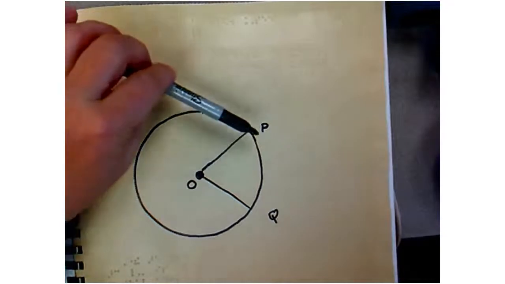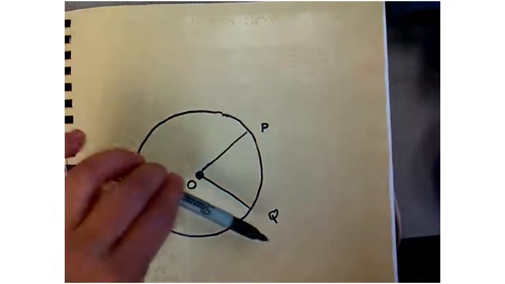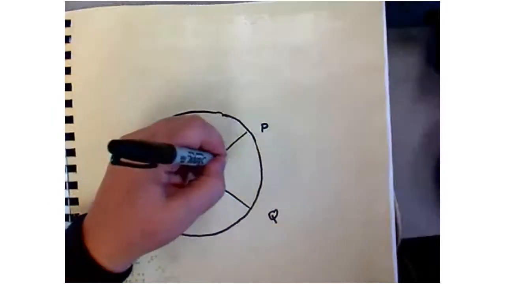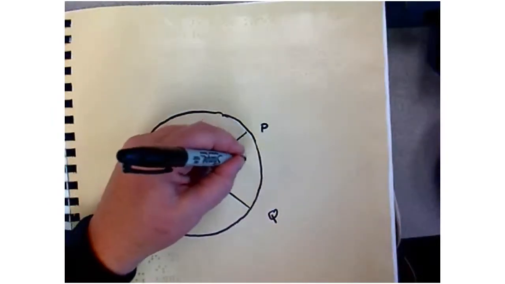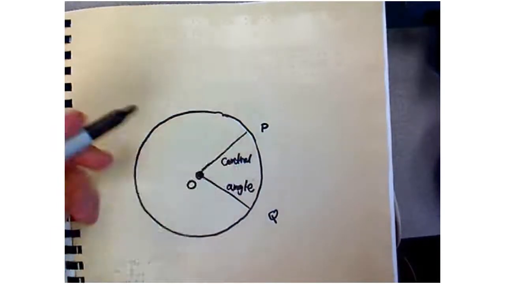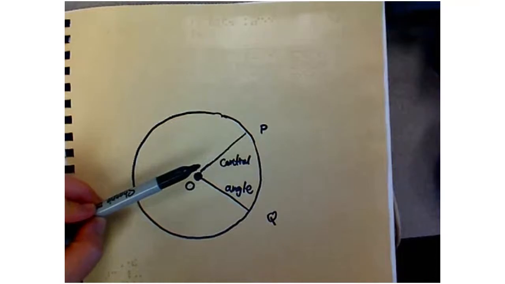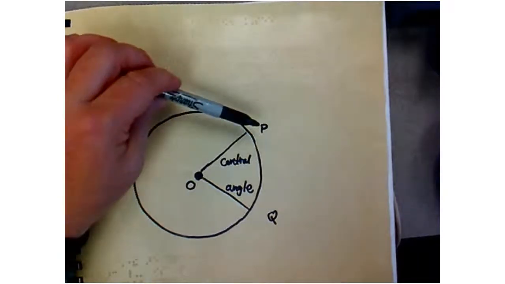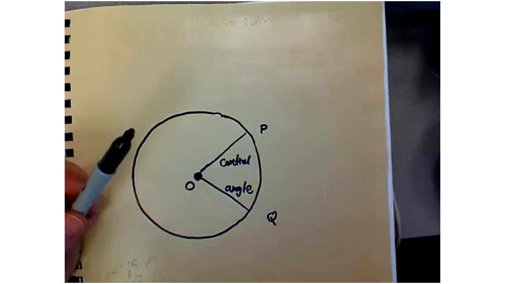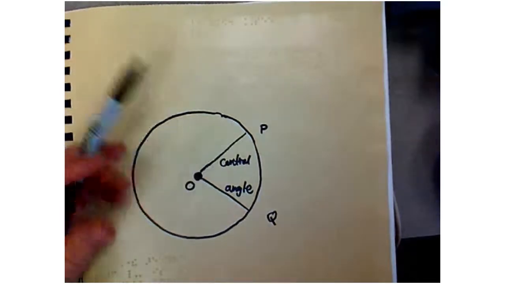The angle that is formed, POQ or QOP, they've labeled in the center as a central angle. So POQ or QOP is called the central angle between those two radii.